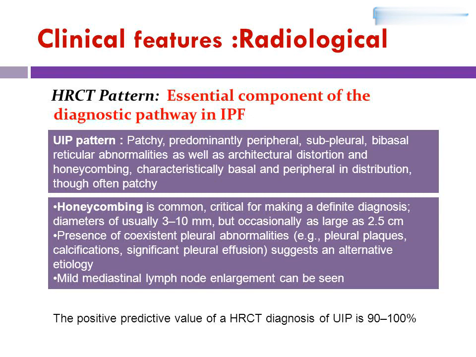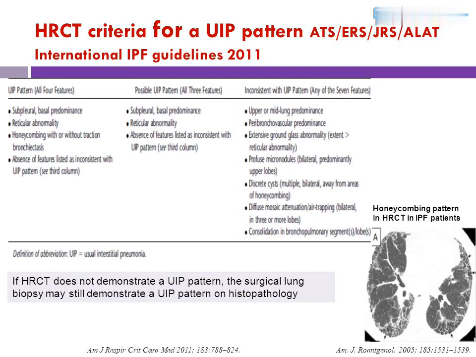The positive predictive value of an HRCT diagnosis of UIP is 90 to 100%. HRCT criteria for a UIP pattern. ATS/ERS/JRS/ALAT International IPF Guidelines 2011. Honeycombing pattern in HRCT in IPF patients.